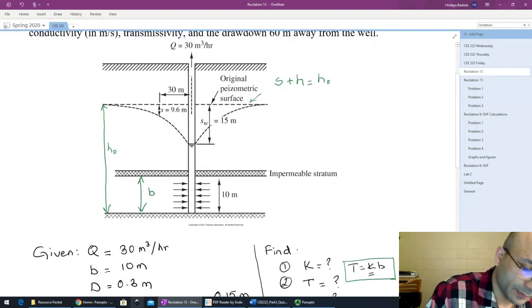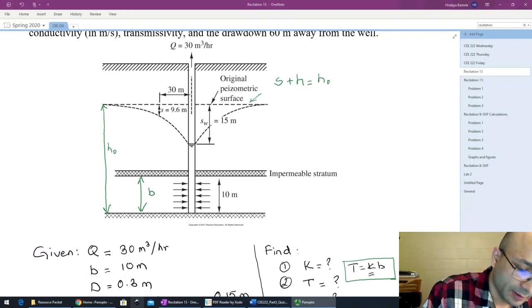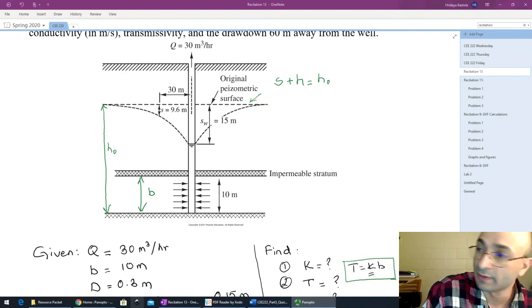For a confined aquifer, you can derive the relationship between the flow and the aquifer properties, including the cone of depression.